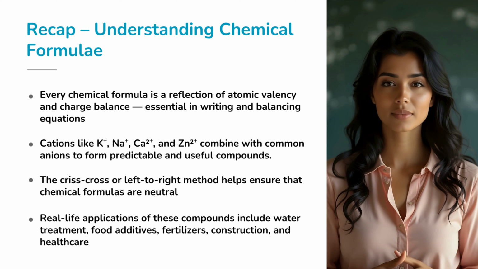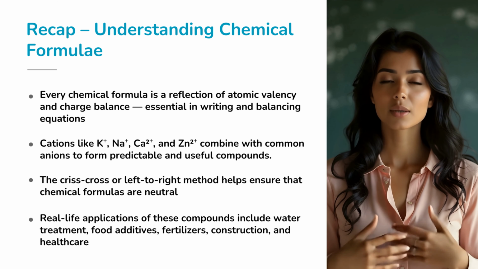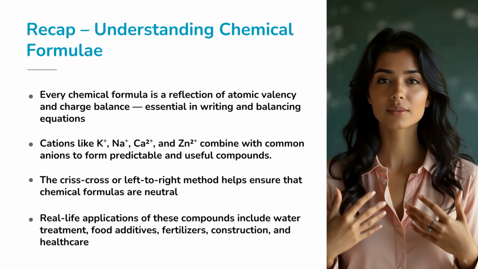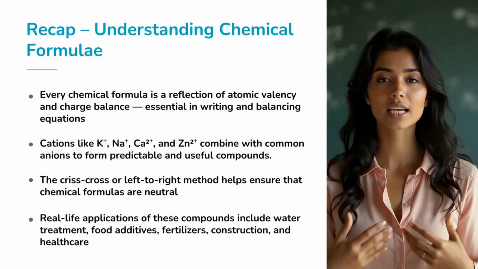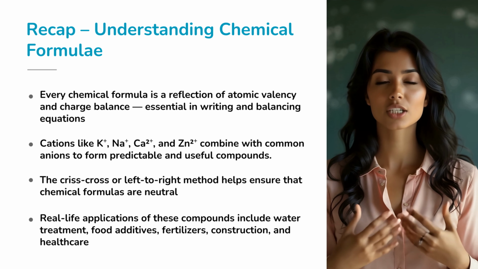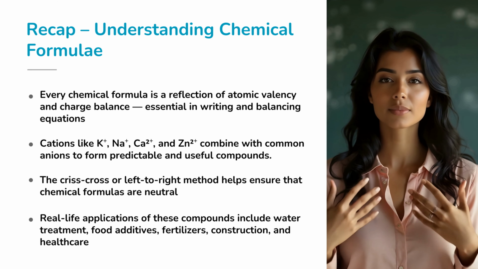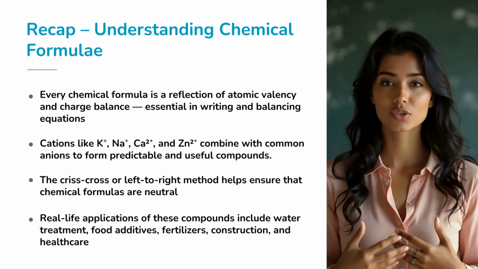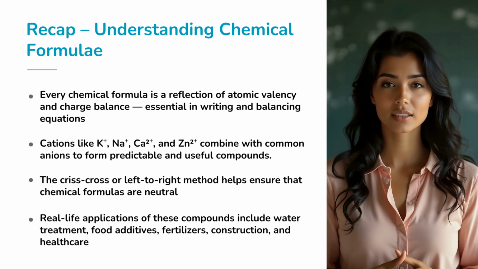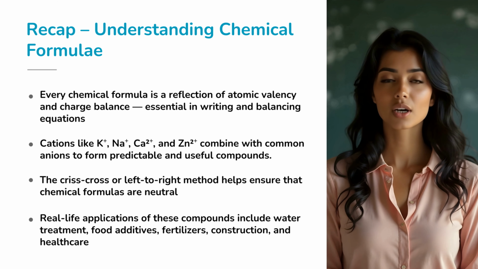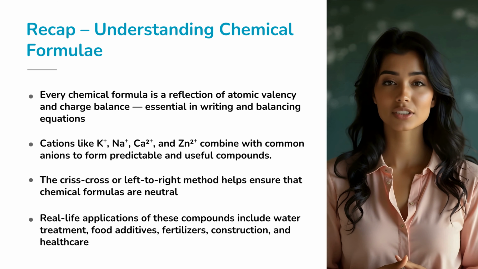Alright, let's revise everything we've learned about writing chemical formulas. We began by understanding how a formula is a representation of atoms and their combining capacity or valency. Then, using the left to right method or crisscross method, we learned how to balance the charges between cations and anions.